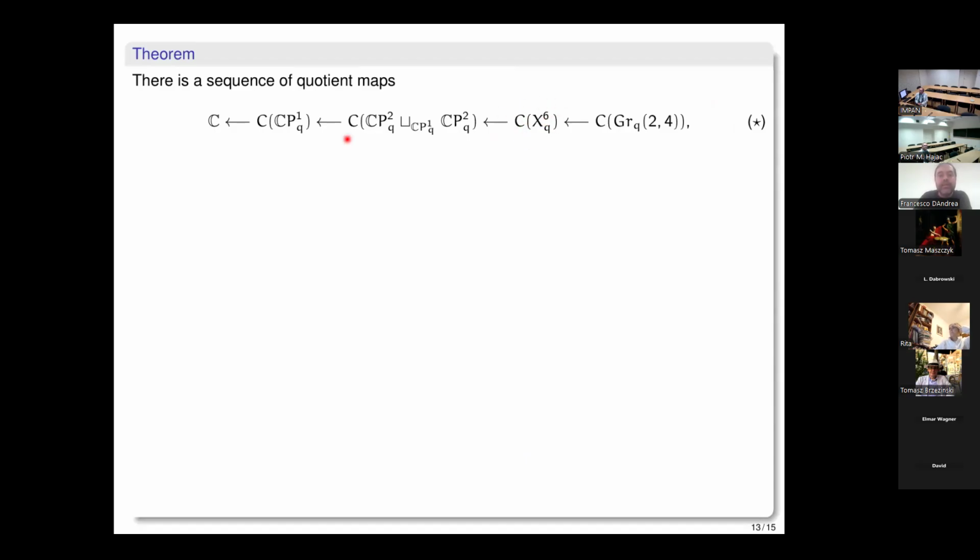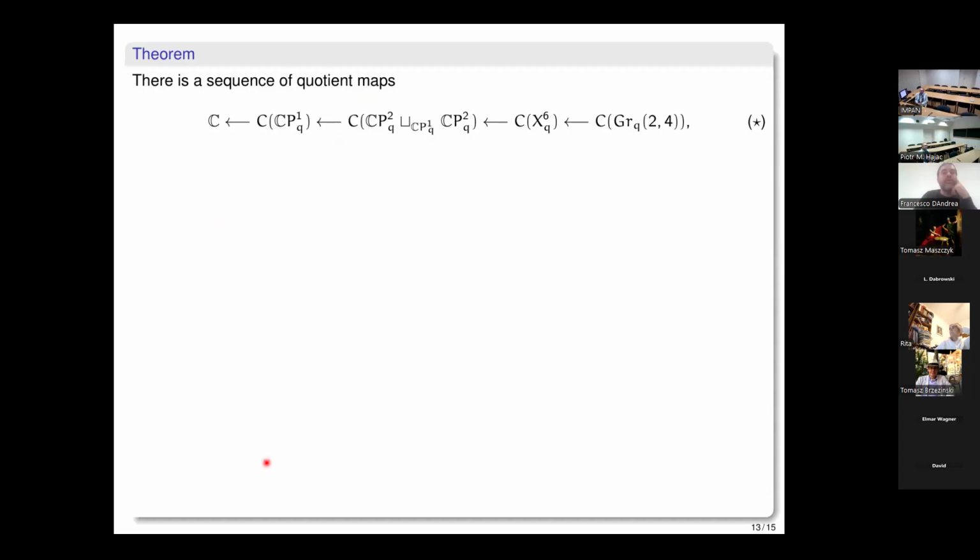And the core of this G3, you can prove, is just the gluing of two copies of CP2_q over CP1_q. I will give you some more detail about this in a second. So this is the next C-star algebra that you find in this sequence of quotient maps. Then you have CP1_q, and then you have the complex numbers.